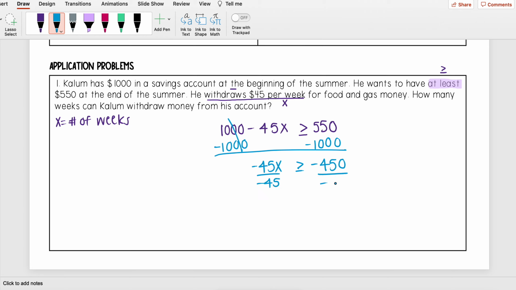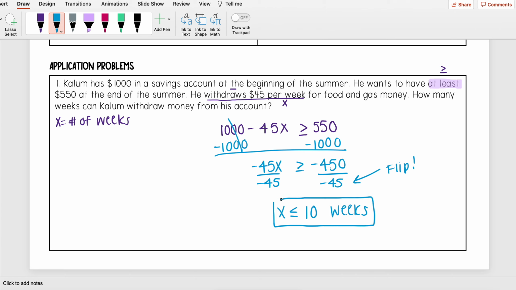But here I need to be careful. I am dividing by a negative number, so that means I need to flip the inequality. So I end up having x is less than or equal to, instead of greater than or equal to, 10 weeks. So Callum can withdraw $45 from his account up to 10 weeks.